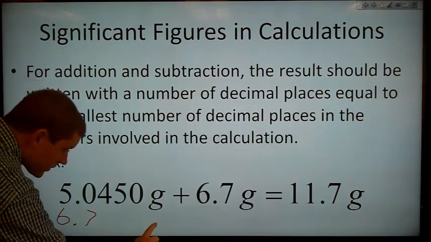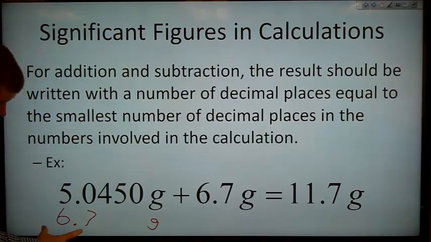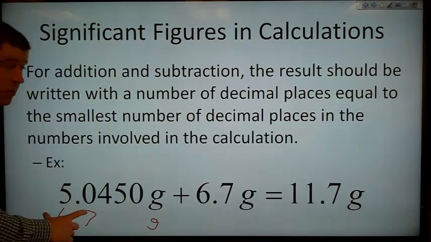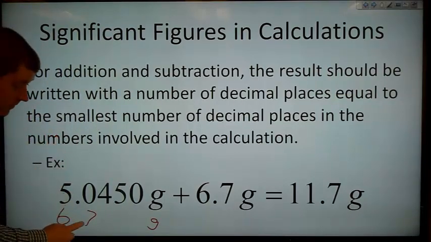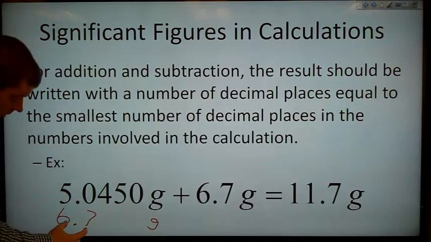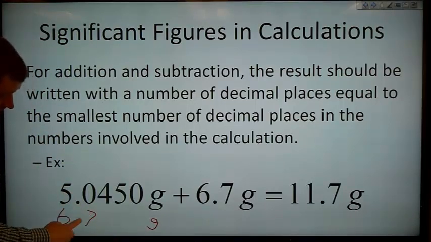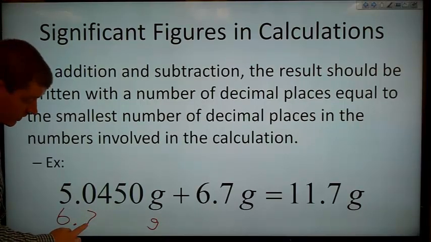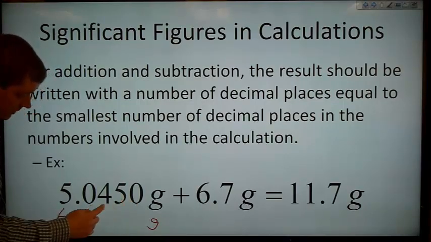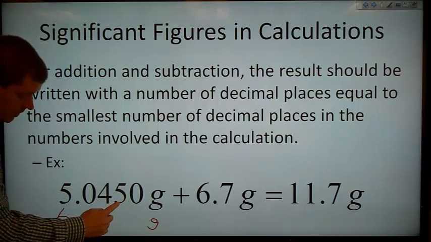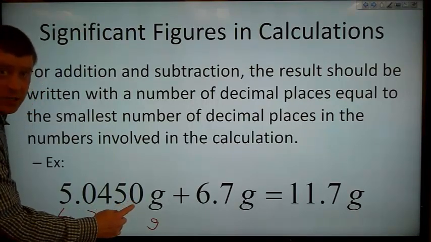6.7 grams. The second number, 6.7, has fewer sig figs, but it also has fewer decimal places. Here our last decimal place is the tenths place. Here our last decimal place is the tenths, hundredths, thousandths, 10,000ths place.